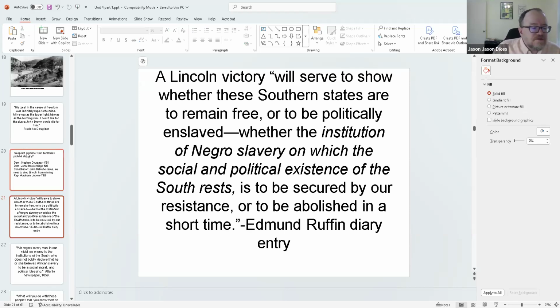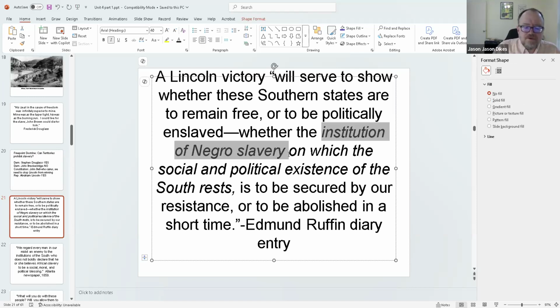Again, Southerners were afraid of a Lincoln victory, and particularly I'd like to point this quote out to people who say, you know, slavery wasn't the point.